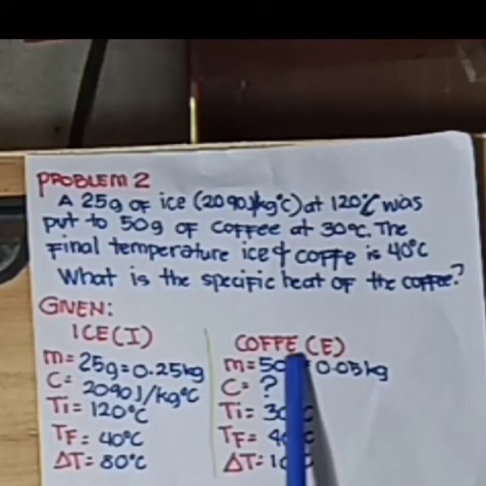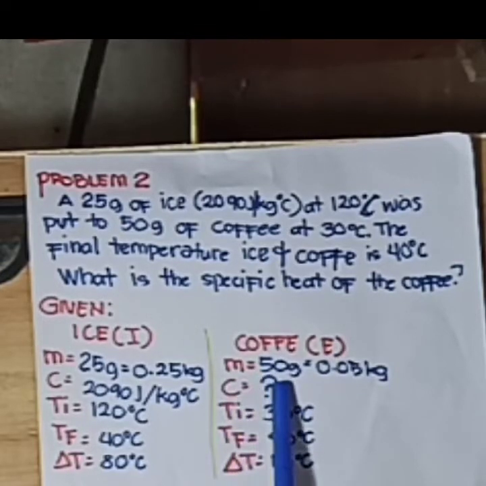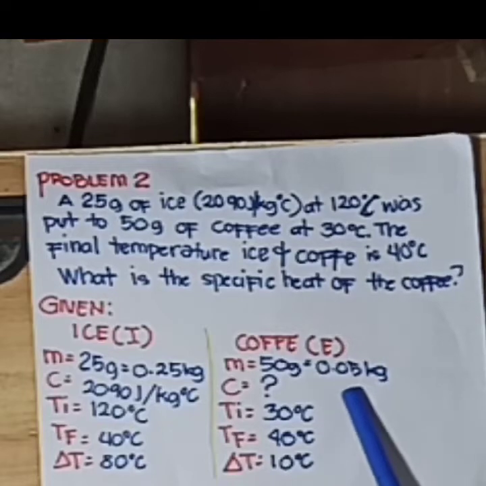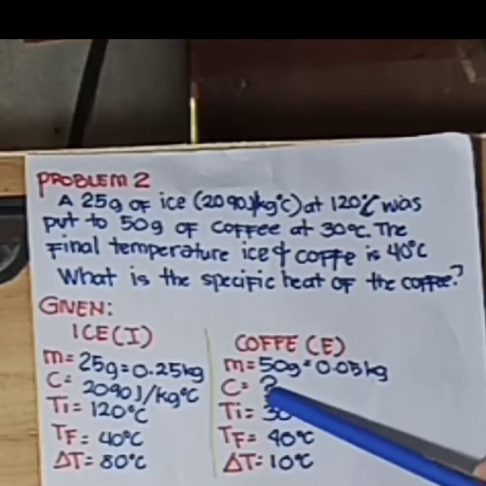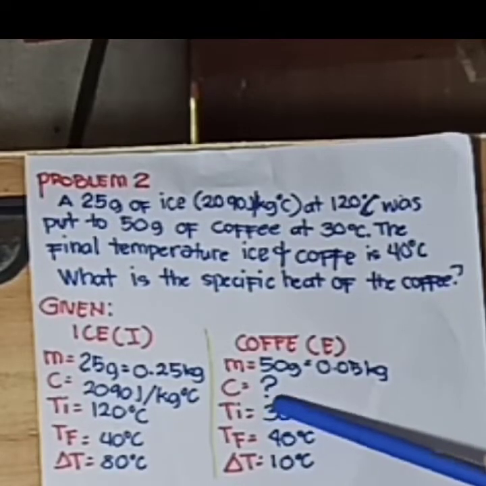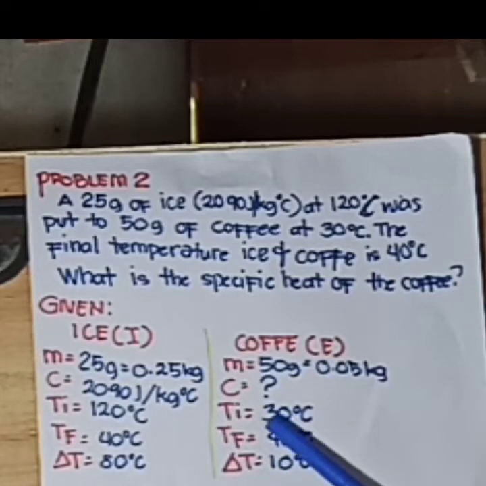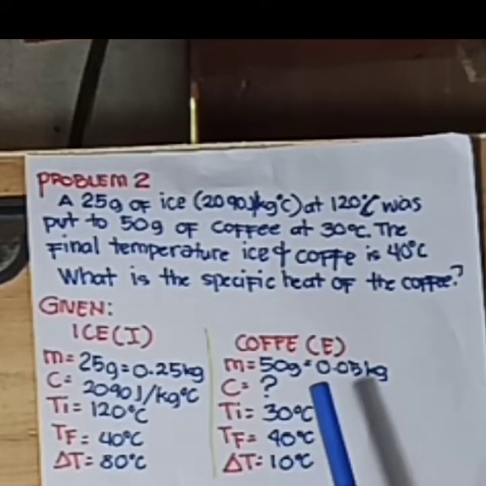For the coffee, we put a big E. The mass is 50 grams, and we converted it into kilograms, which is 0.05 kilograms. The specific heat is missing, so we put a question mark. The initial temperature is 30 degrees Celsius and the final temperature is 40 degrees Celsius.